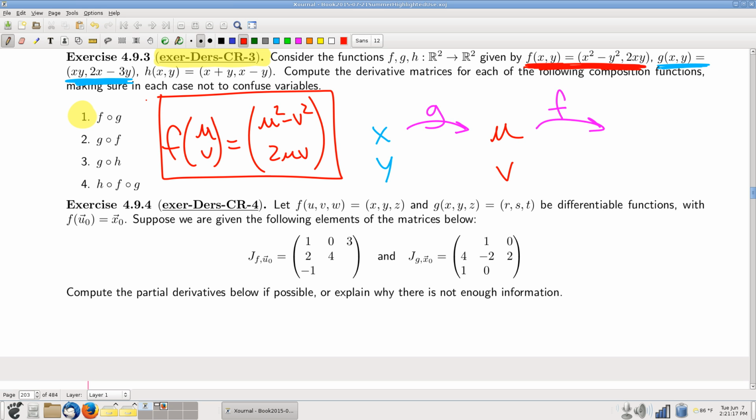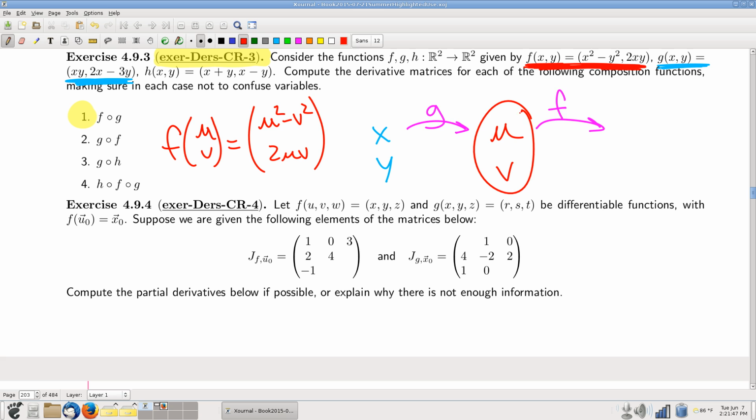Now, keep in mind, all of what we're doing here makes sense in the context of that specific part, and if you look at number 3, then you've got to make different choices. All right, so we've got our little roadmap. F is a function of U and V. U and V are G, which are functions of X and Y. By the way, let's add that to our little thing.